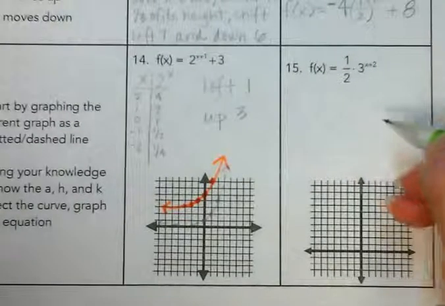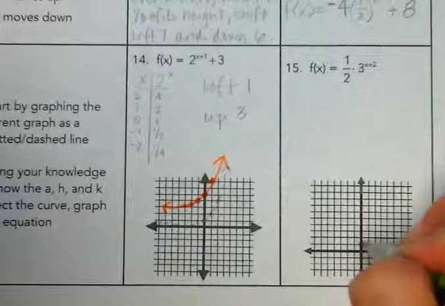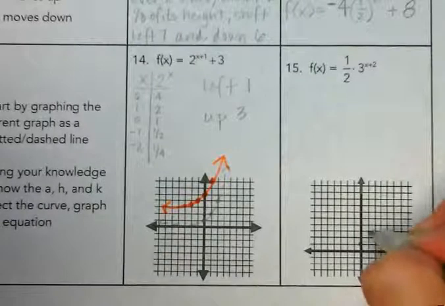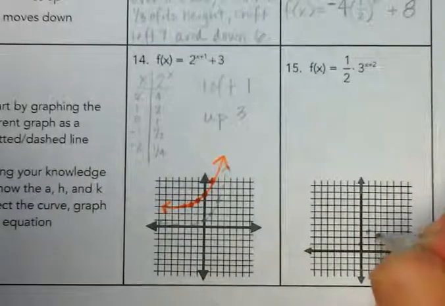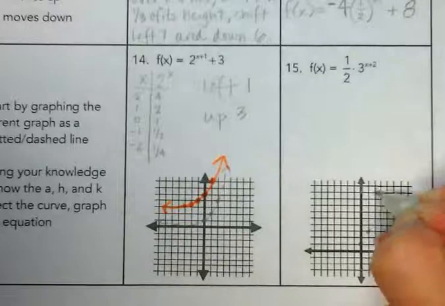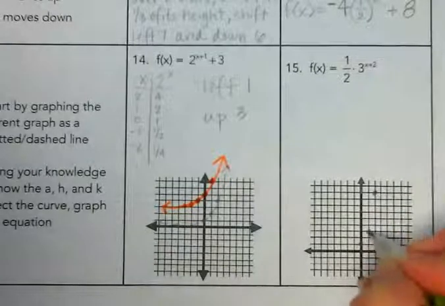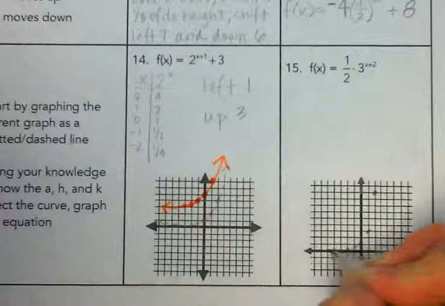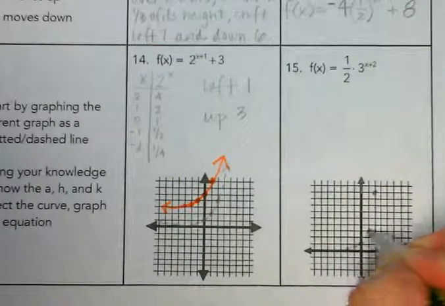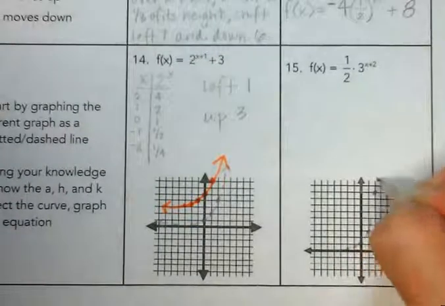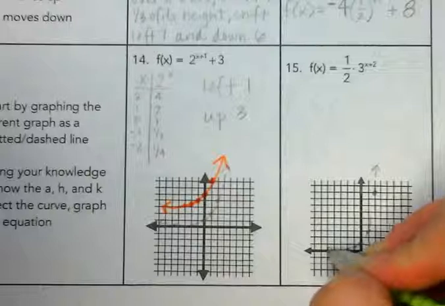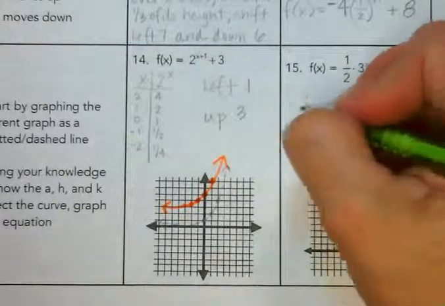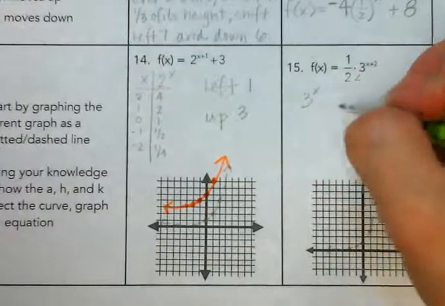So I'm not going to make a t-table, but at 0 it's 1, at 1 it's 3, at 2 it's 9, so 3, 6, 9 is right there. And then this is at a 3rd and then at a 9th. So this is the parent graph of 3 to the x.